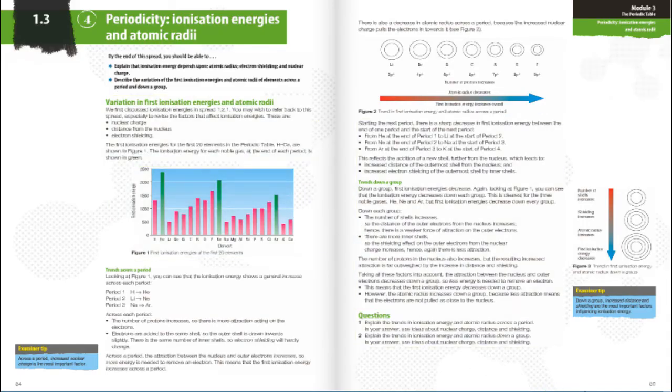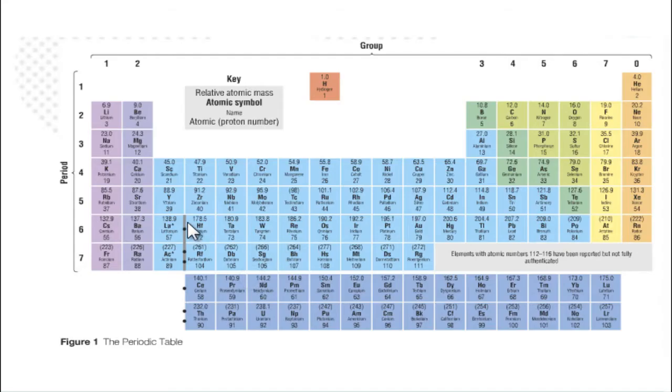If we go back to the periodic table, so as we drop to each and every period, the ionization energy increases because of the extra shell of electrons.